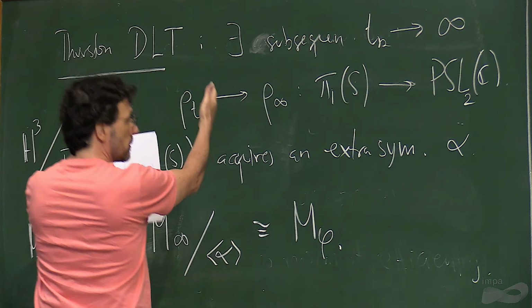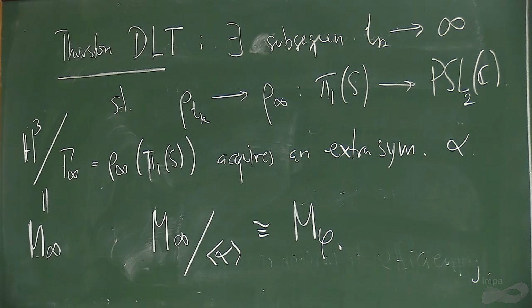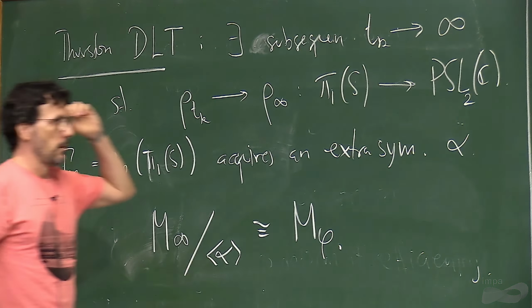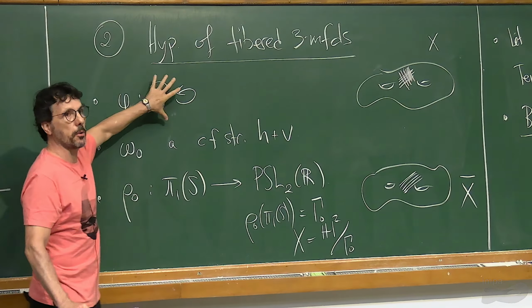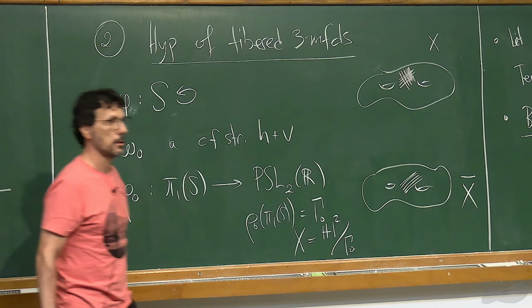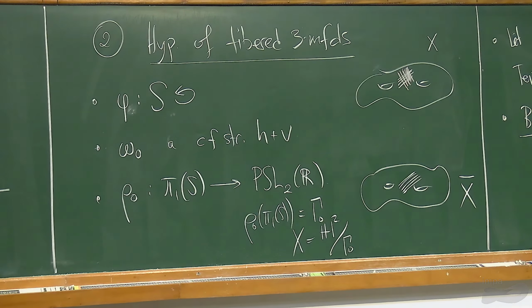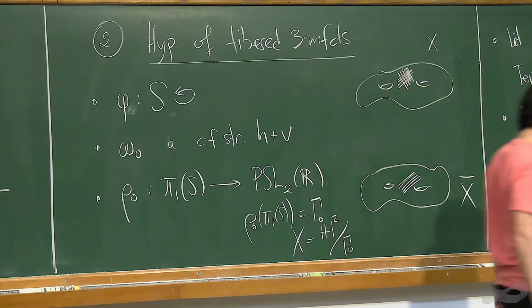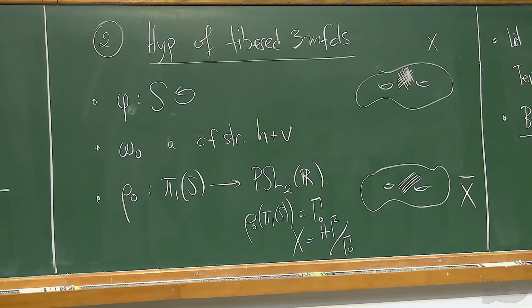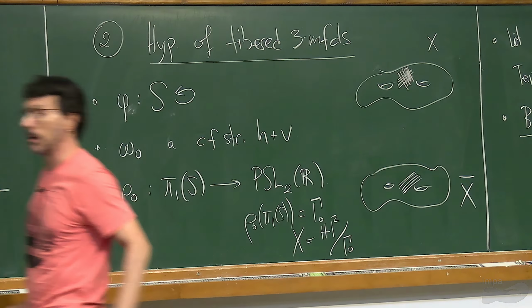this is a true theorem for surfaces of finite topological type. That's how you hyperbolize three-manifolds that fiber over the circle when the fiber is a surface of finite topological type.